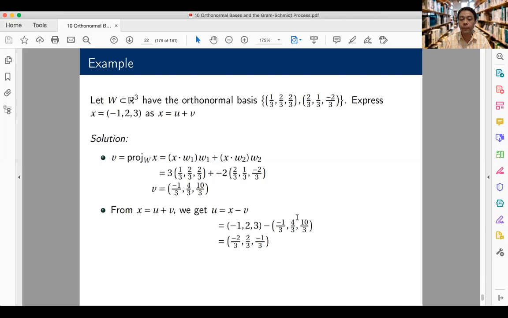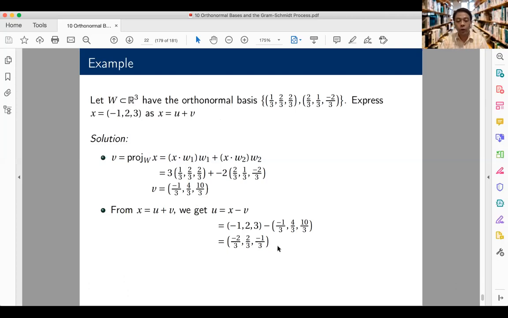Now, you can show that this u is orthogonal to W by getting the inner product of u with the basic vectors, and that is easily shown to be 0. So the inner product of this with this one is 0, and the inner product of this with this one is 0. Hence, u is orthogonal to W itself.